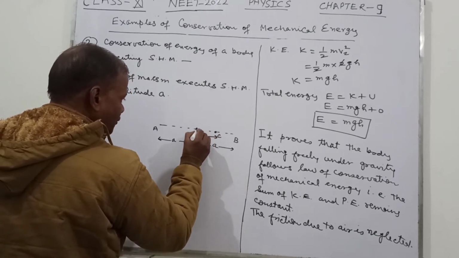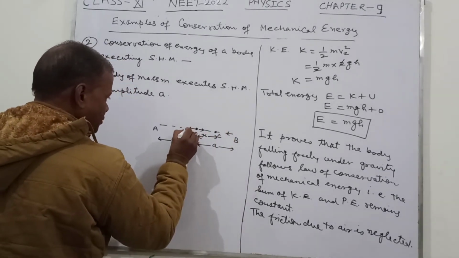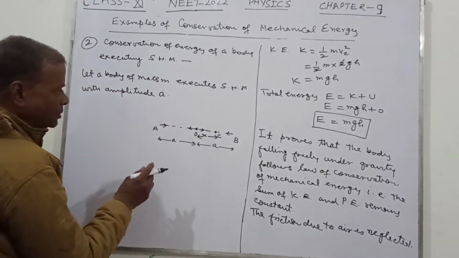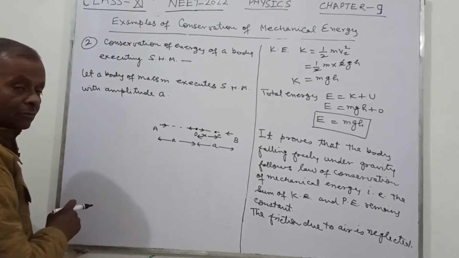The body goes from here in this way and then comes back, and then goes in this way and comes back. So the particle is executing SHM about the mean position O.